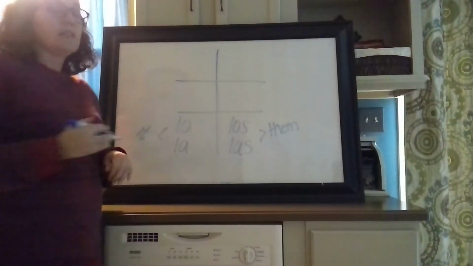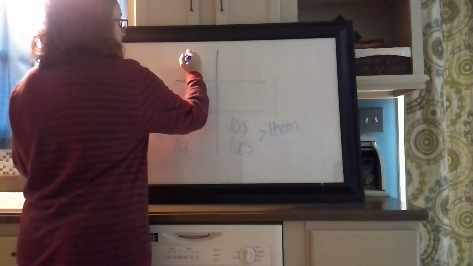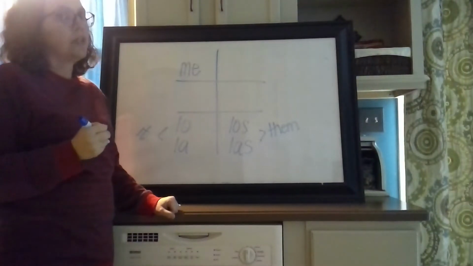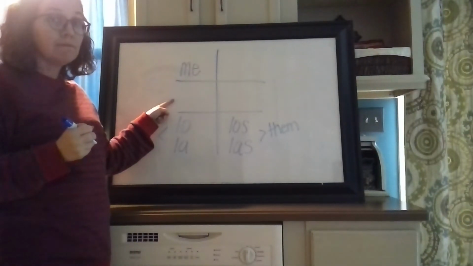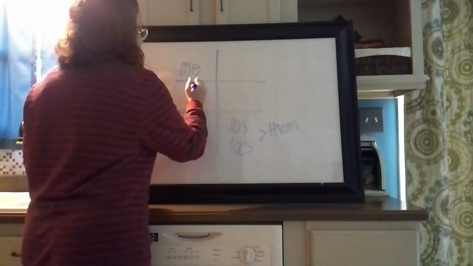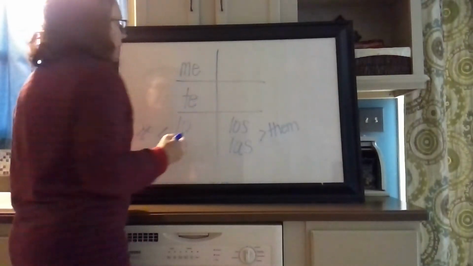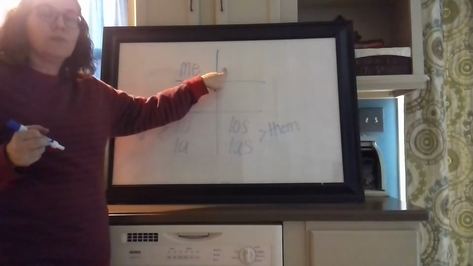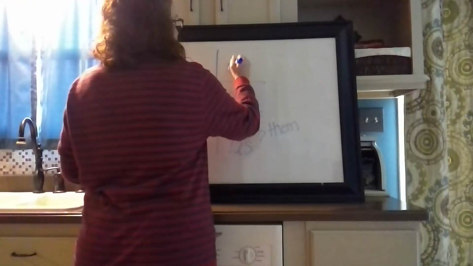But a direct object pronoun could also be me. A direct object pronoun could also be te. You probably guessed that, right? And we can also do an educated guess up here and say that the last one would be nos.